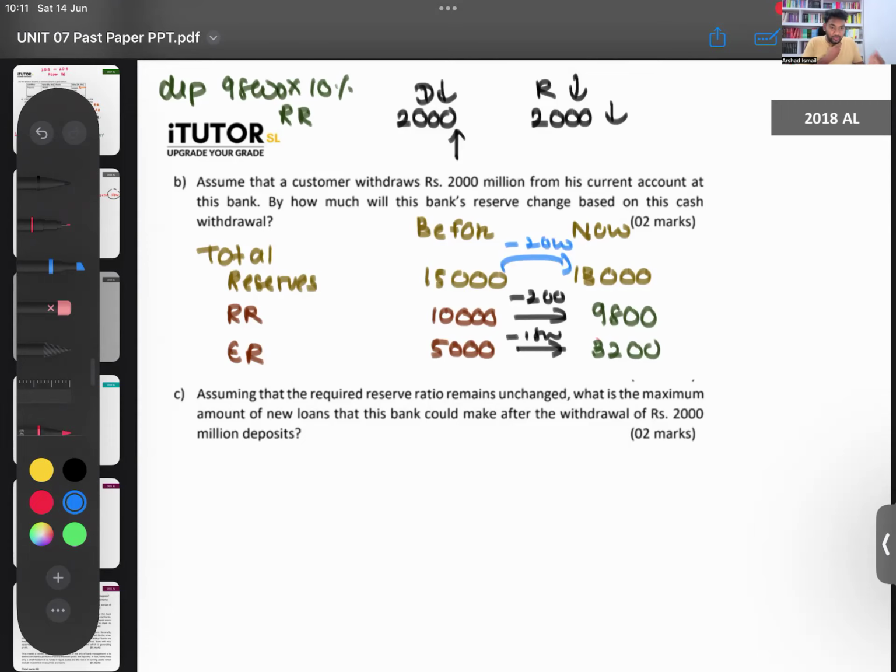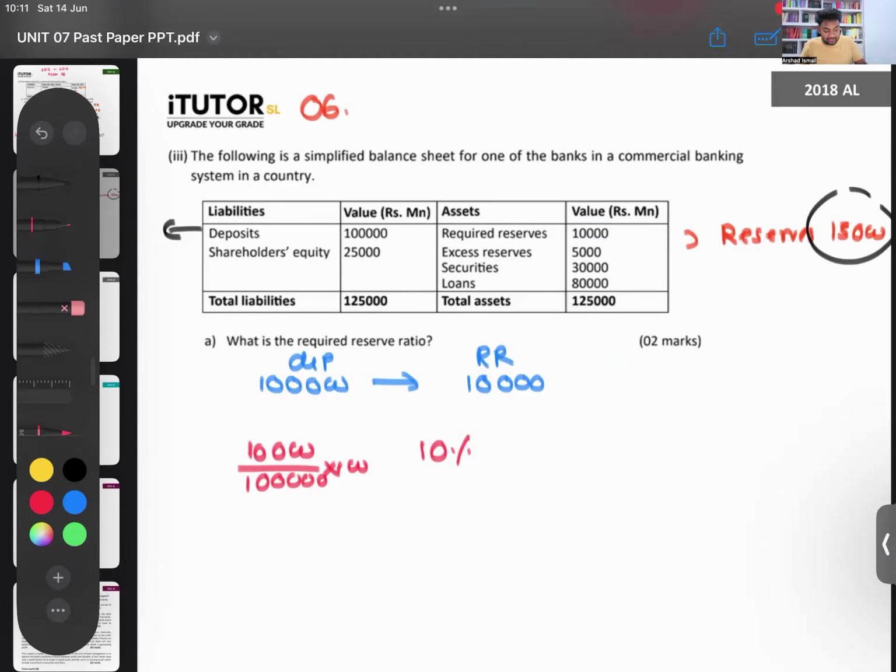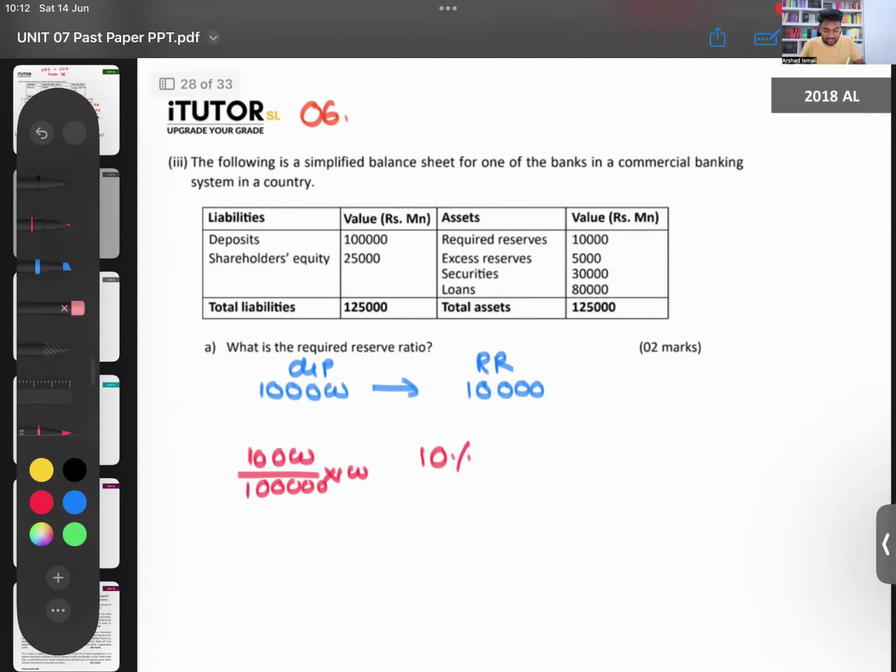So if I show you in the previous question, based on the balance sheet, this is what happened. When the customer withdrew, this 100,000 became 98,000. Customer withdrew 2,000.